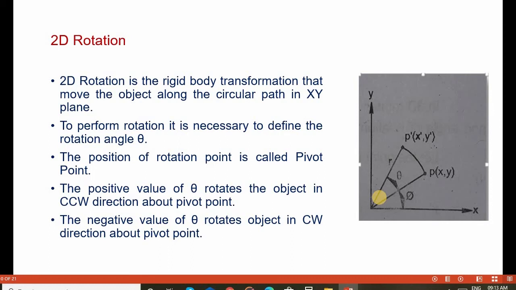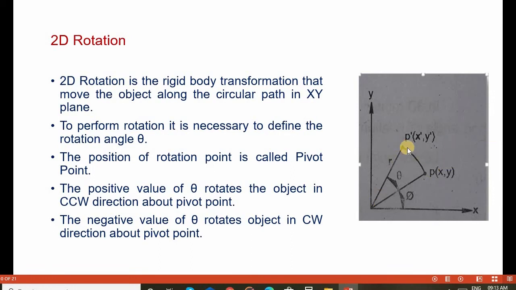So these are the two different principles working in the rotation transformation. Accordingly, the object is rotated.